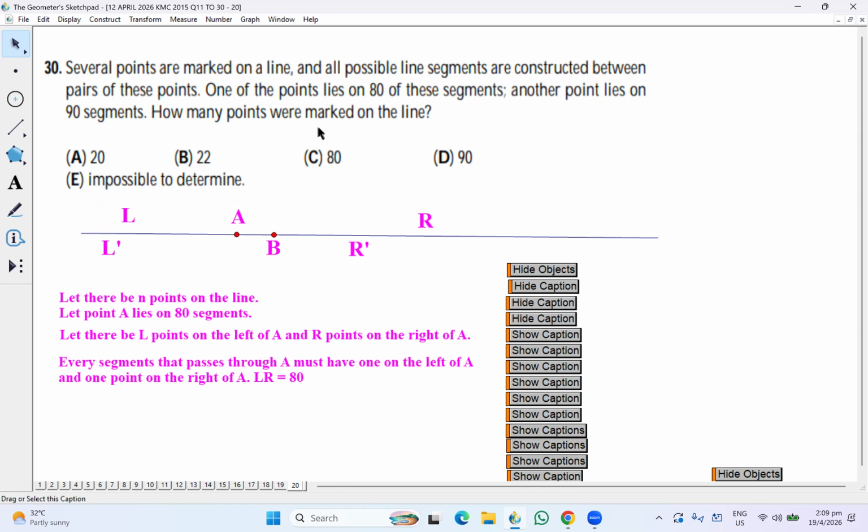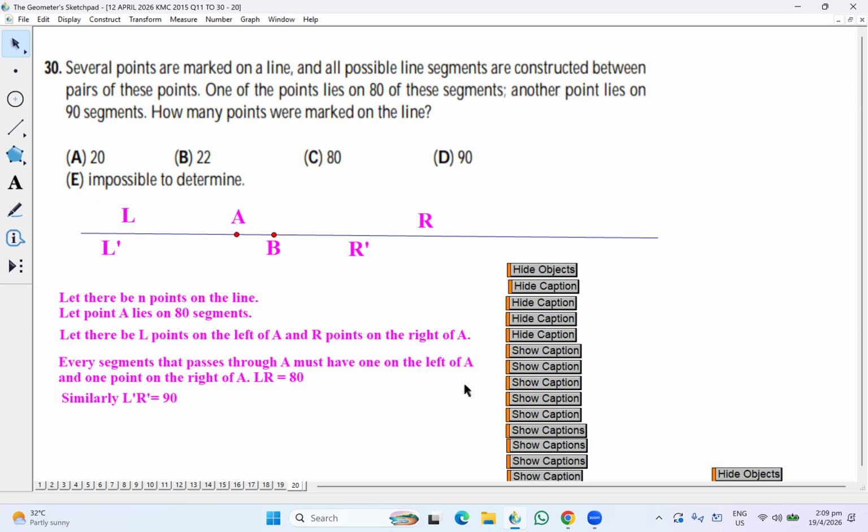The question says A has 80 segments. Then similarly, we know L prime times R prime is equal to 90, because any segment that passes through B must have 1 point on the left and 1 point on the right. So L prime times R prime.